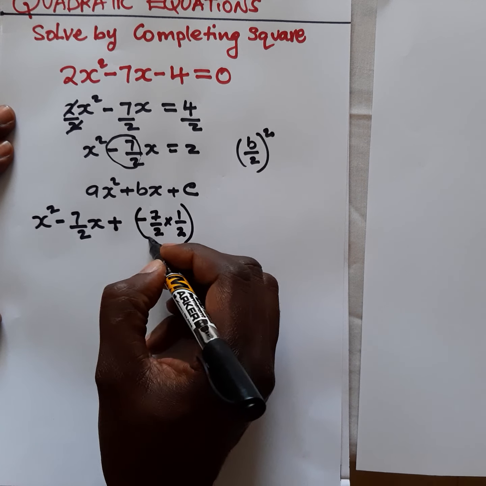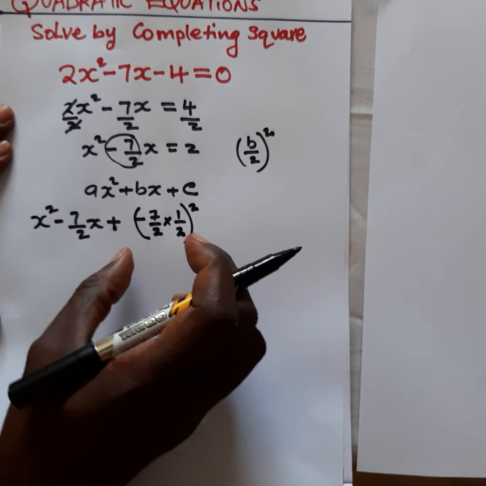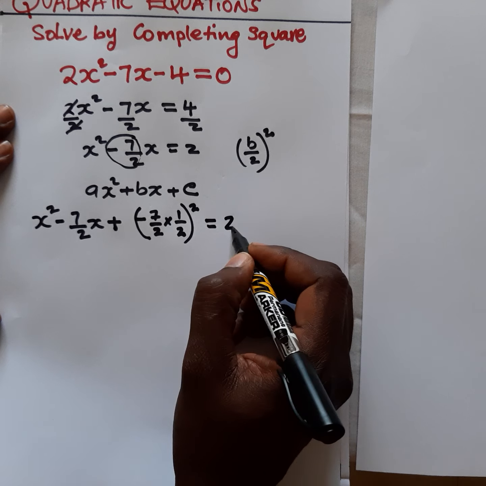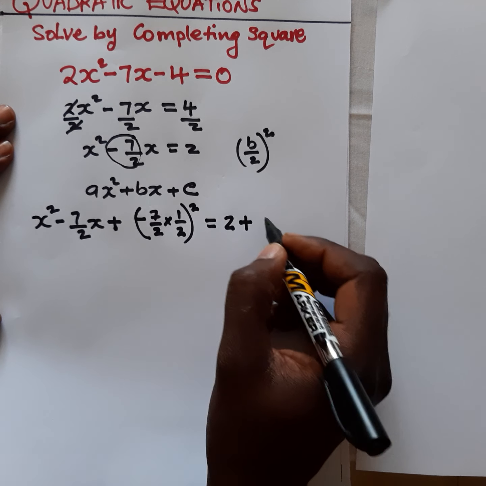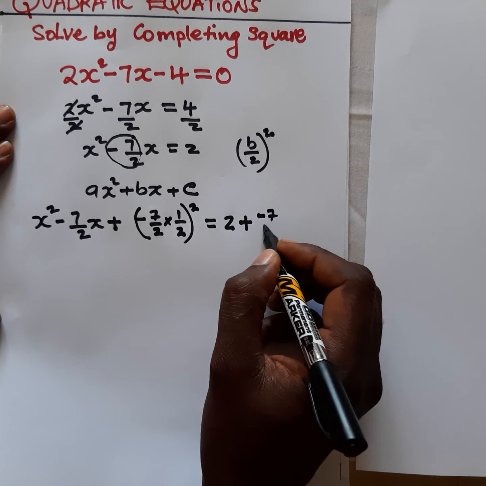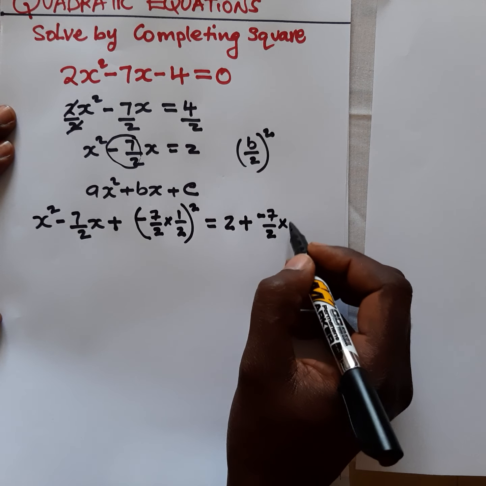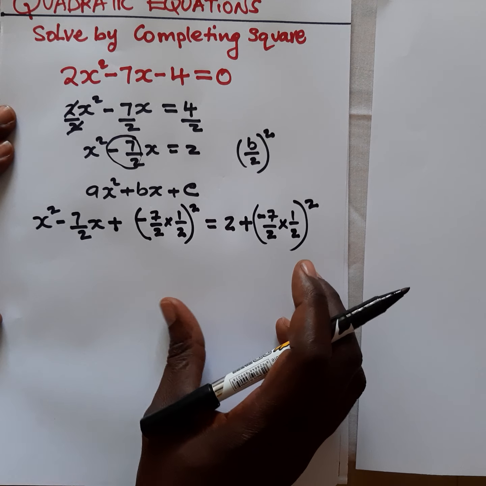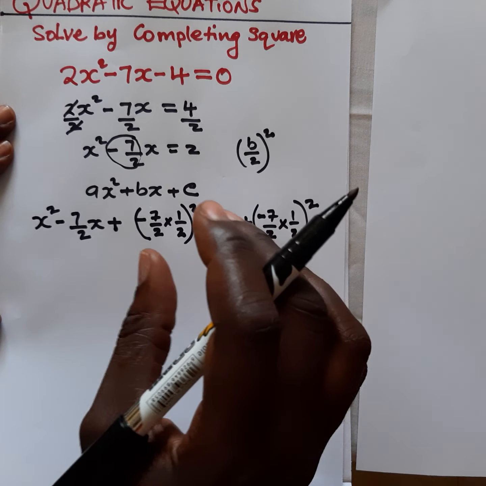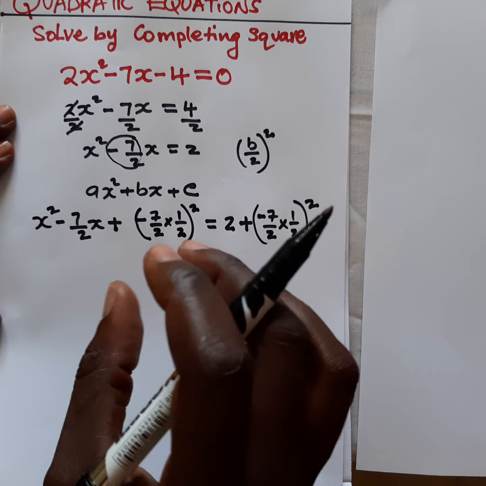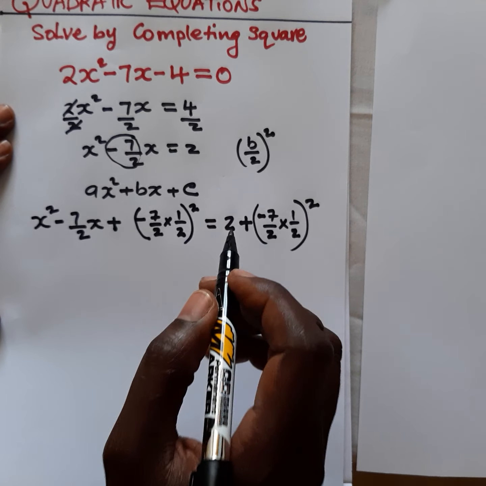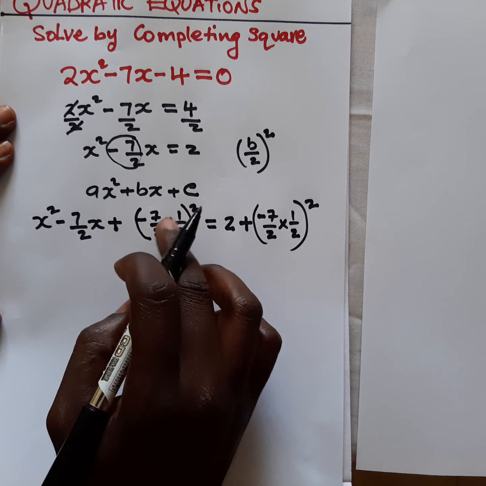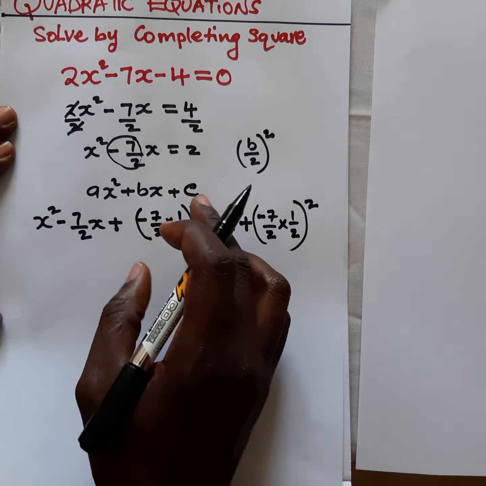Then this one we are going to square, and what we do to this side we also do to the other side, equals 2. So we add the same, plus -7 over 2 multiplied by 1 over 2, then we square.